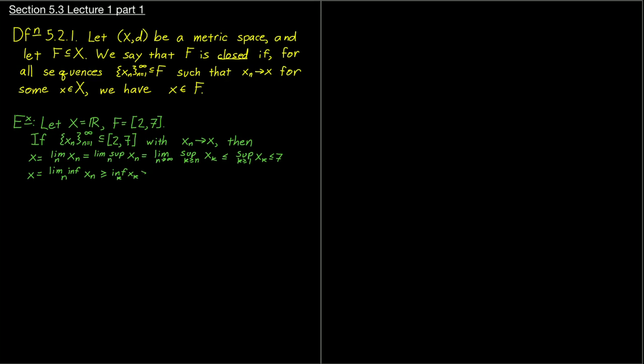It's pretty much the same as at least 2. So x is in [2, 7]. So we've seen that any sequence of points in [2, 7] that converges, converges to a number in [2, 7]. So [2, 7] is closed.